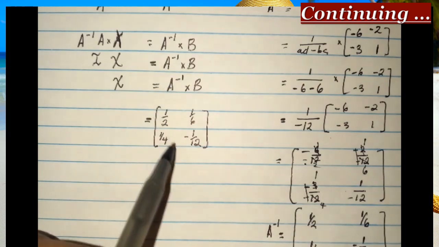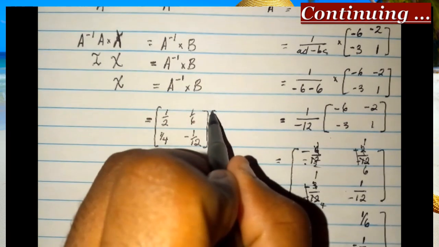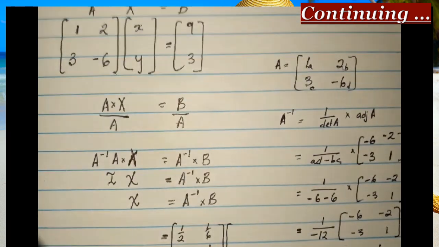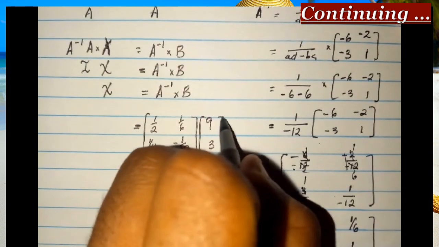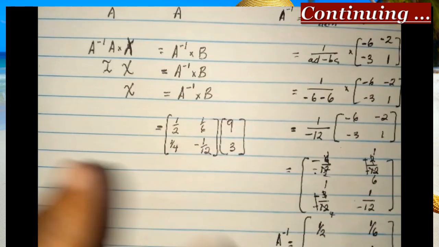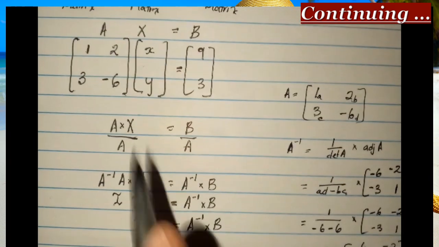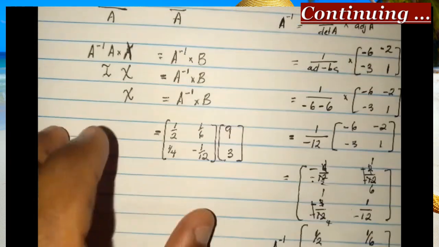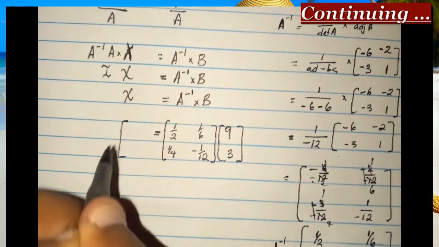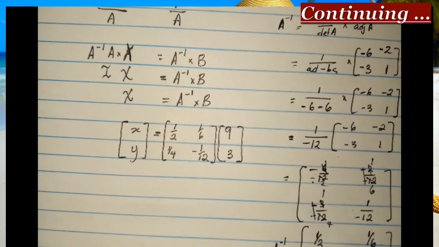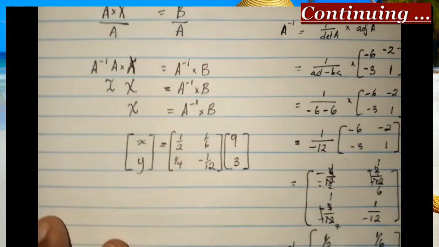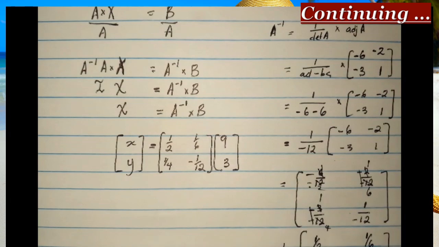So A inverse is this, and I need to multiply it by the matrix B. B was 9, 3. So I'm going to put 9, 3 here. And that should give me my X matrix, which was my variable matrix, which was X and Y. So notice that I showed all my working, and I'm proud of it because I worked hard to reach this far. So I'm going to keep it up.